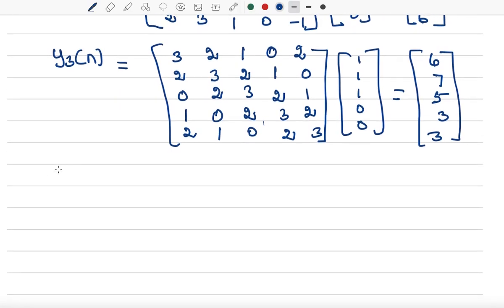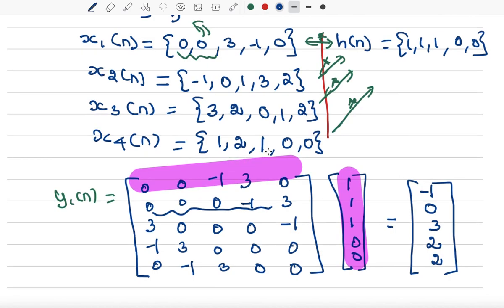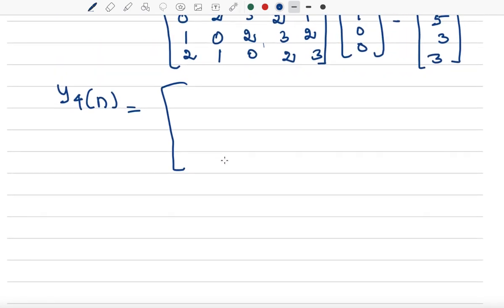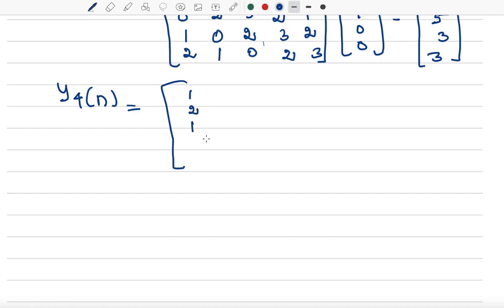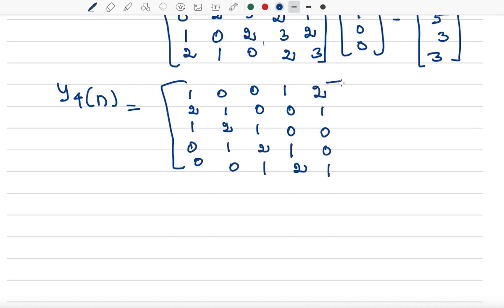Similarly, we need to find y4 of n, considering the fourth input. What's the fourth subblock? 1 2 1 0 0. Shifting once, 0 1 2 1 0, then 0 0 1 2 1. Again shifting once, 2 1 0 0 1.